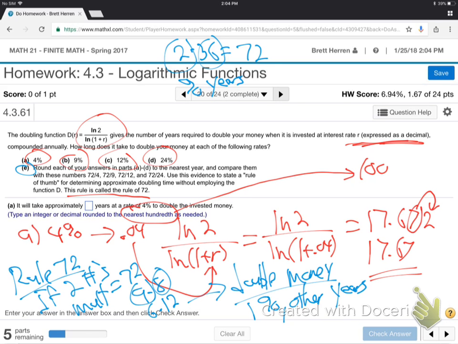Pretty close, because they multiply to be 72. It's a rule that Gauss, a real great mathematician, discovered. So they call it the rule of 72. It's the doubling your money rule.